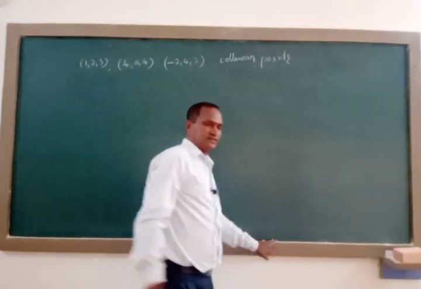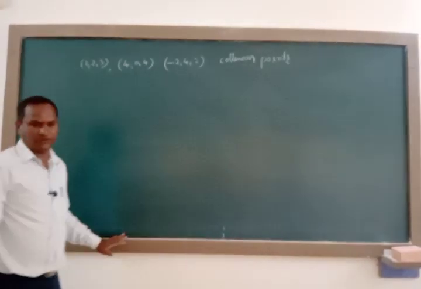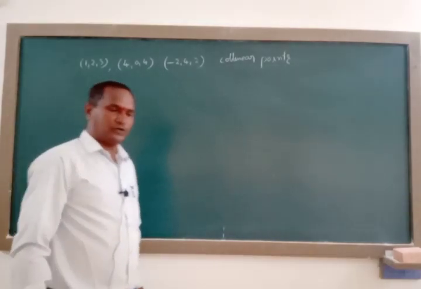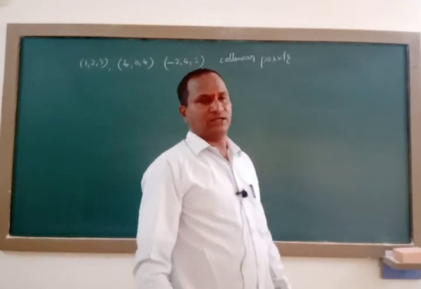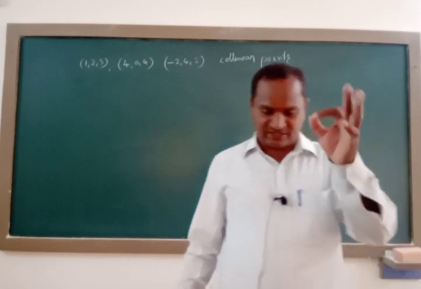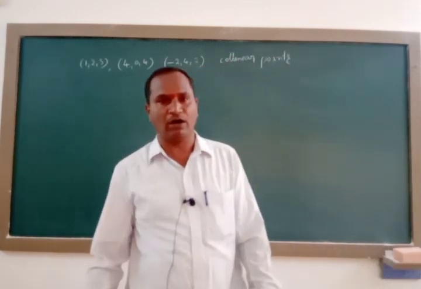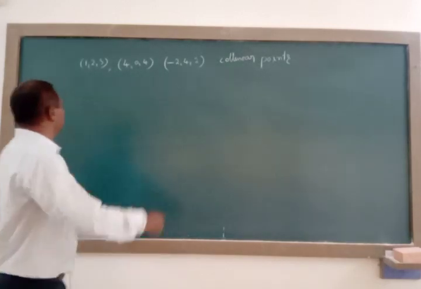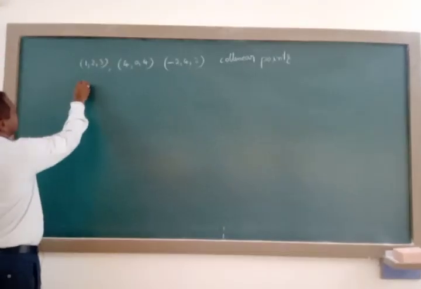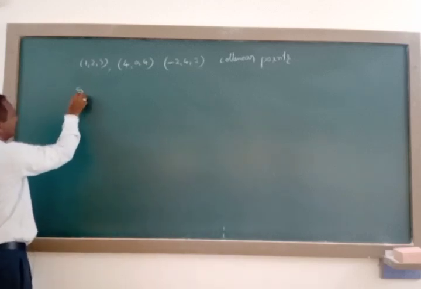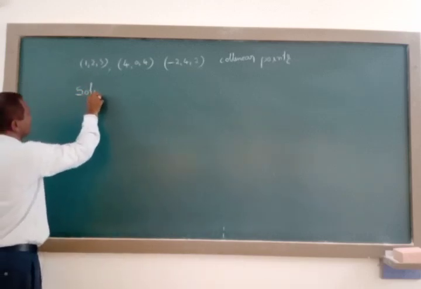Whenever points or position vectors of points are mentioned, you must start with the letter O, like OA bar, OB bar and OC bar. Now let the given 3 points be A, B and C. Let us start the solution for this question.